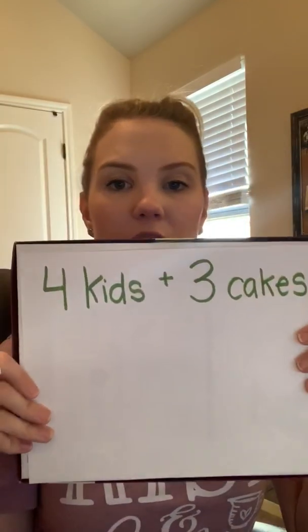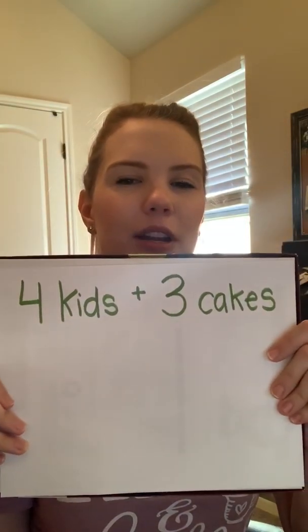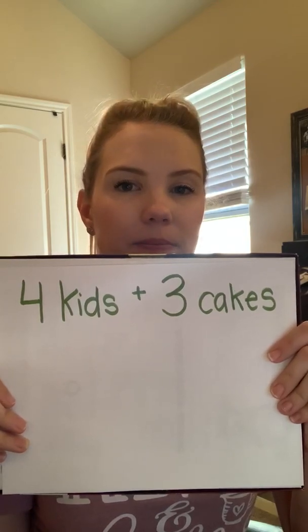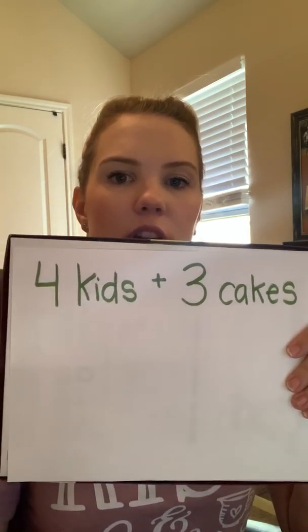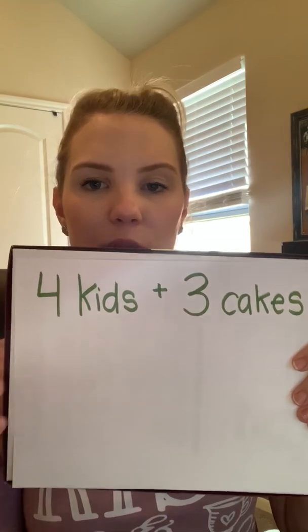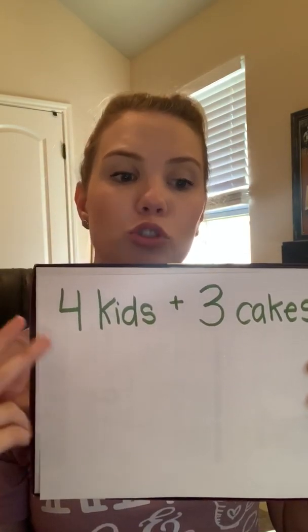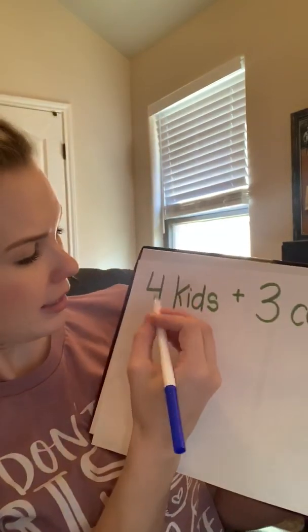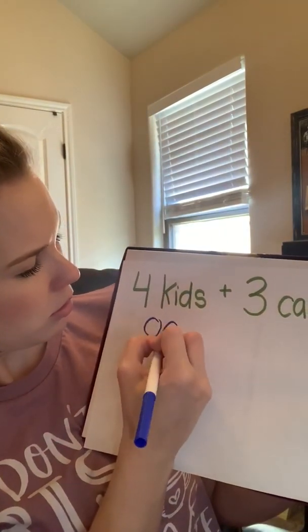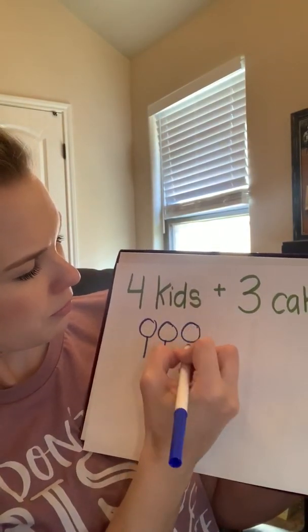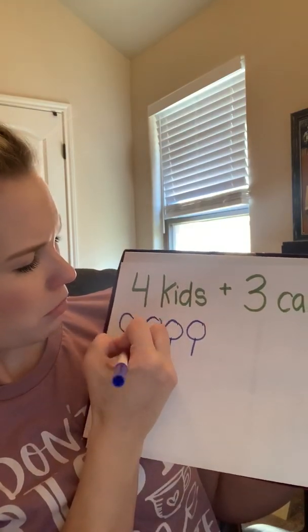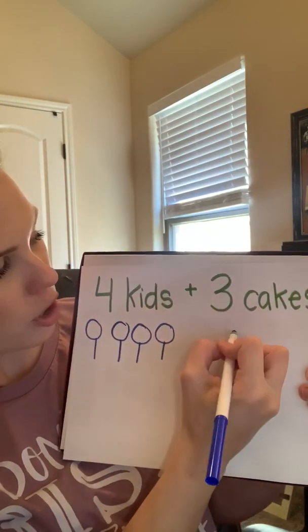So here's an example where I have 4 kids and 3 cakes. 4 kids and 3 cakes. So my first strategy, draw the people, draw the objects. So I'm gonna draw my kids. Draw your people, and I'm gonna draw my cakes.